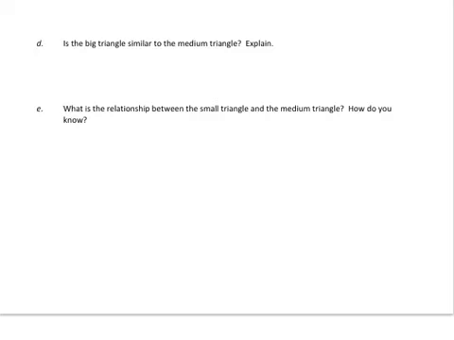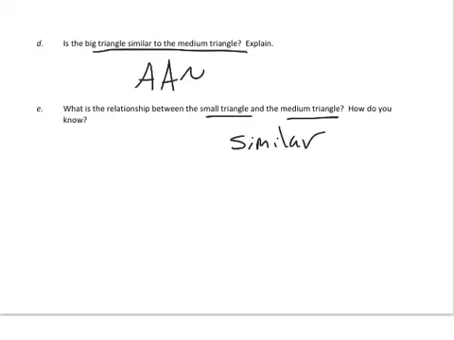And we can talk about the big triangle being similar to the medium triangle for the same reason, angle-angle similarity, because we showed that the right angle and then they also share another angle, and that's sufficient to say that they are similar. And then by the transitive property, we know that if two things are similar to the same thing, then they are similar to each other. So the small triangle and the medium triangle are also going to be similar. And again, that's because of the transitive property. So we have three triangles in this image, and they are all similar to each other. What we're going to do next is just practice setting up ratios between them.